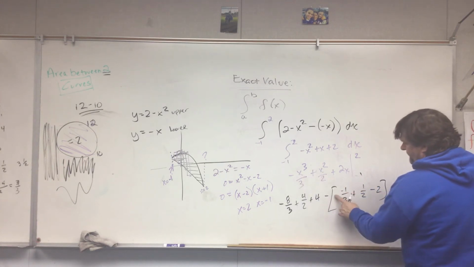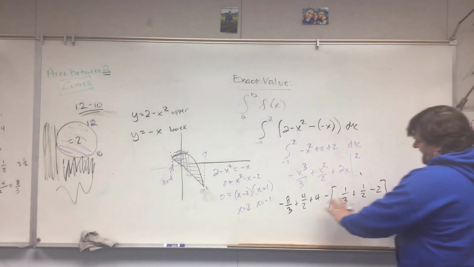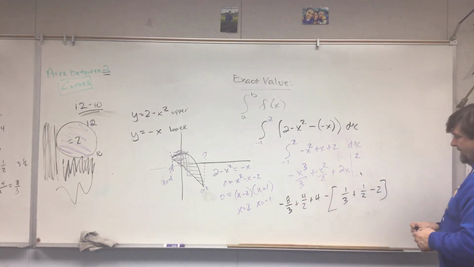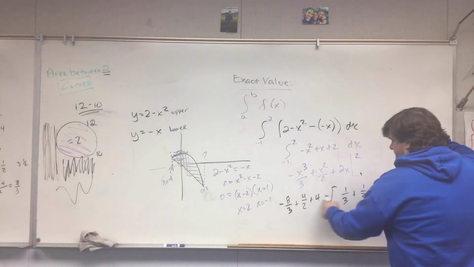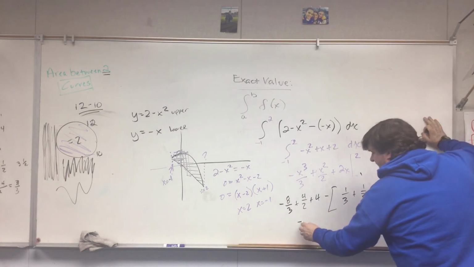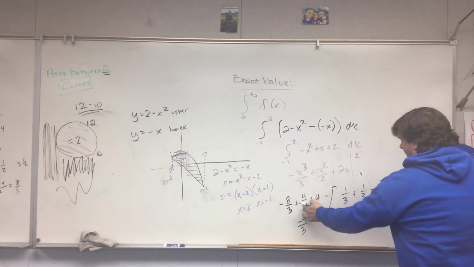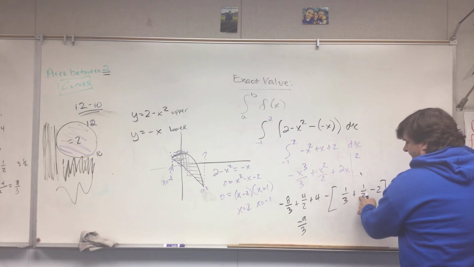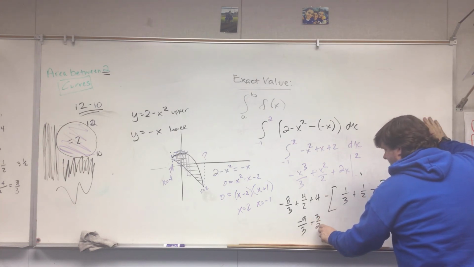So this is going to turn into a positive right here. Let's leave the fractions here so we can clean things up real quick. So I got -8/3 minus 1/3. That gives me -9/3. I've got 4 halves minus a 1/2. Gives me a positive 3 halves.